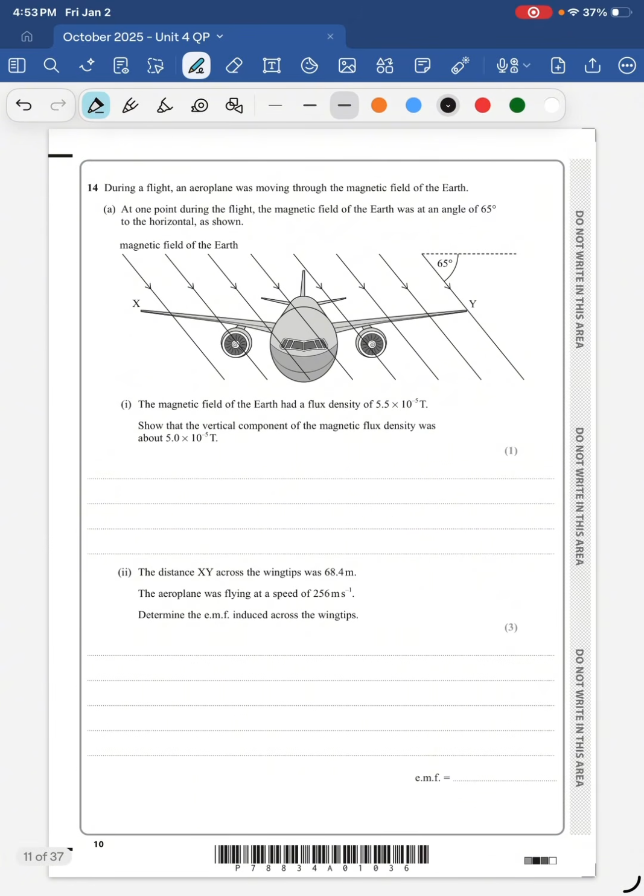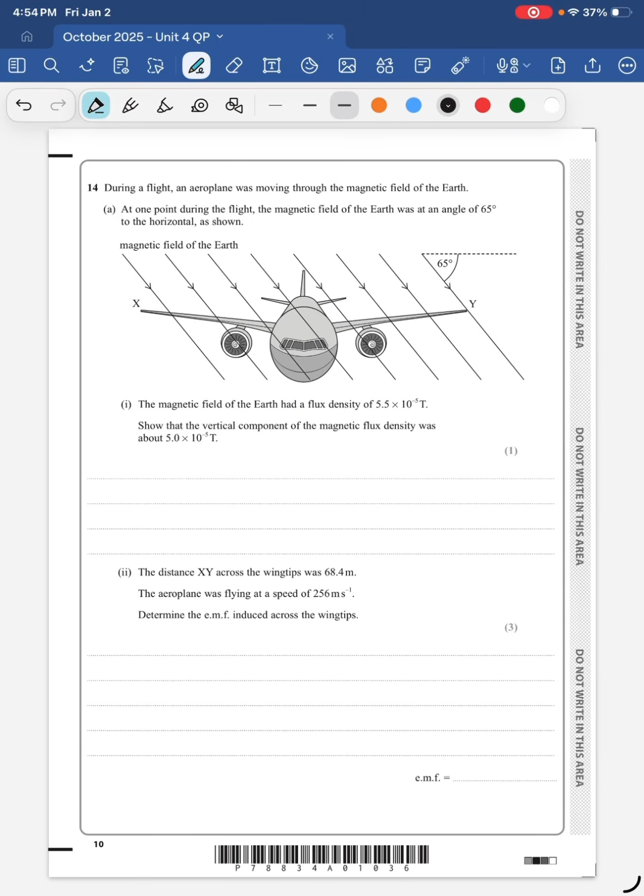Question 14. I found this interesting because it's a real life application, pretty much. During a flight, an aeroplane was moving through the magnetic field of the Earth. At one point during the flight, the magnetic field of the Earth was at an angle of 65 degrees to the horizontal as shown.